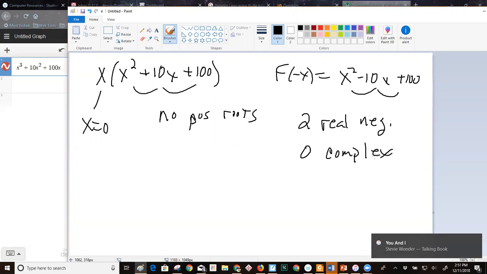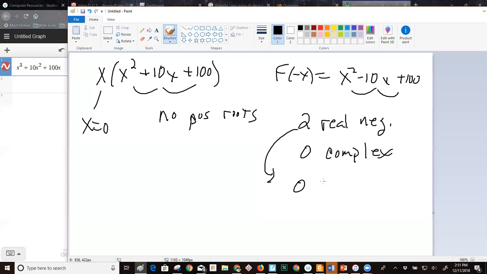Because I am dealing with a second degree polynomial now, I don't have to worry about that. And because these always decrease by 2, I could go with zero real negative roots and two complex roots. Now you've got to remember too that complex roots always occur in conjugate pairs. So if I have one complex root, there's going to be another one.